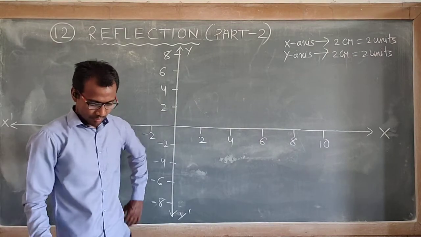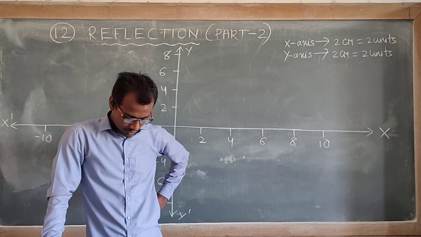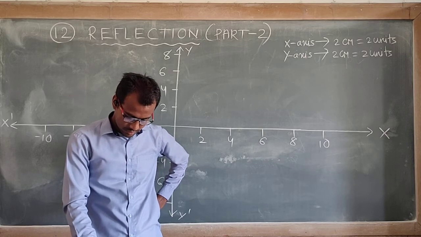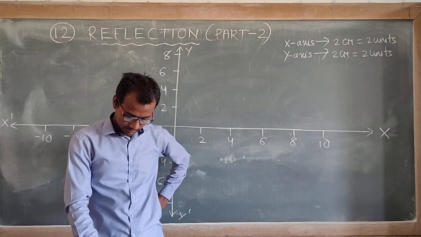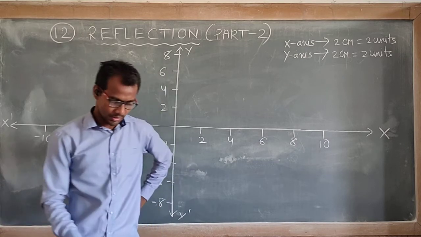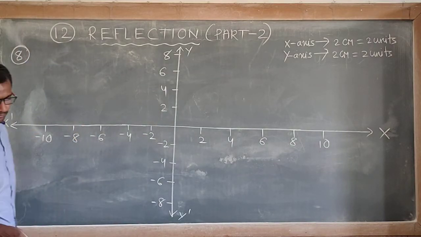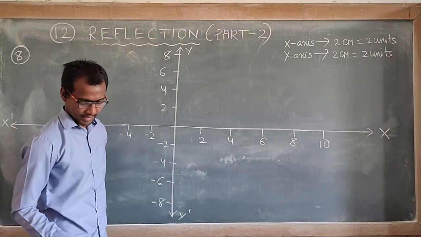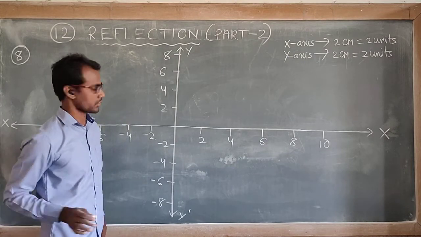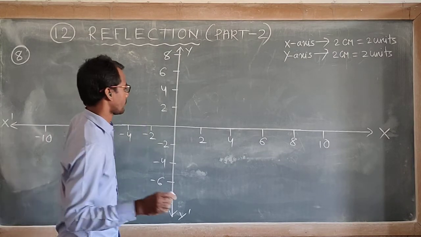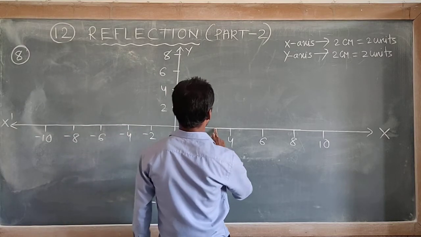So now move to question number 8. Points A and B have coordinates 3, 4. Okay. First point is A, 3, 4. So this is 3.